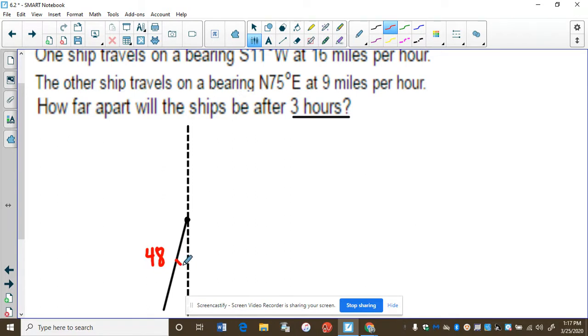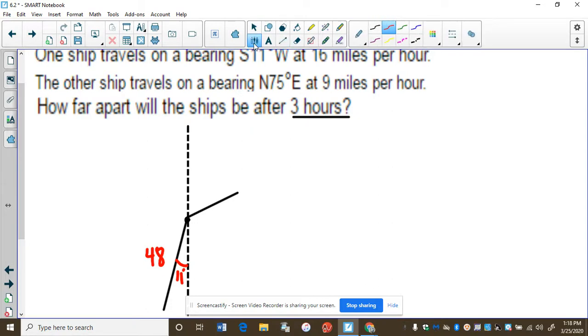And we know that this is 11 degrees. We have a second boat that is traveling in the direction of north to the east, 75 degrees, at 9 miles per hour. So not traveling as fast, not going to go as far, right? We'll put that right about there, I think.